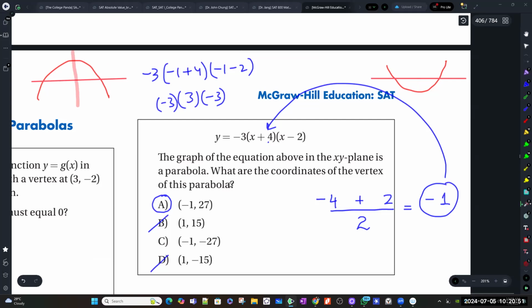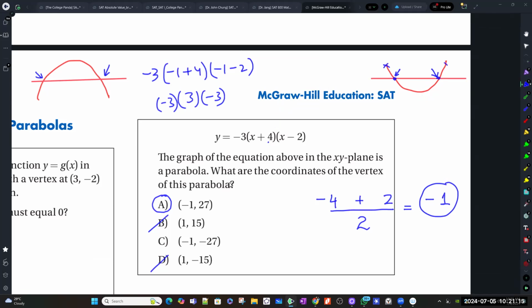This is the vertex, this one here. So the x coordinate of the vertex will always be the average of the x coordinates of the roots, or any set of x values which have the same y values.